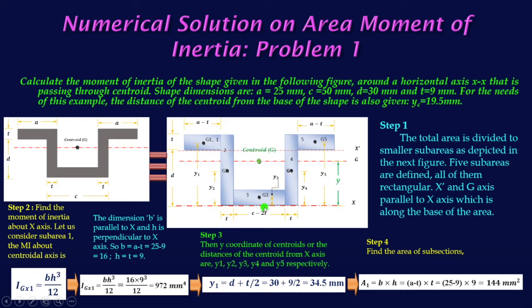But from the x-axis, what is the distance? We don't know. So let's consider the y coordinate of this centroid is y bar. Now we have to find out the area moment of inertia of the entire section about this centroid, the axis that is passing through the centroid G.